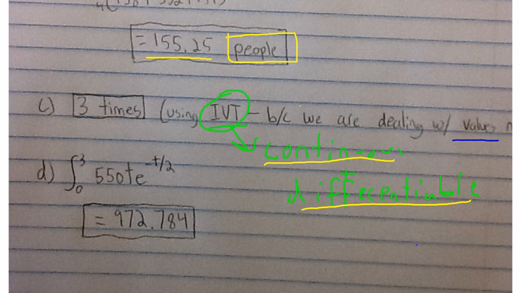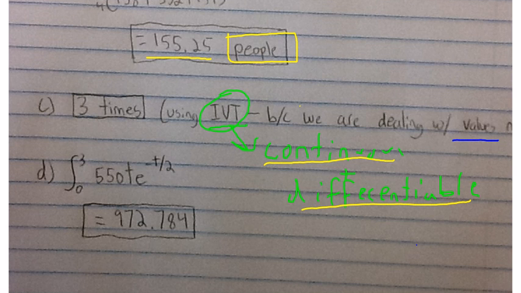Anyway, they give us the rate at which tickets were sold, which is R of t equals 550t e to the negative t over 2. What can we use to find out how many tickets were sold? The antiderivative. And actually, this is a great problem because on the AP that I just took, they ask a lot of conceptual questions, like what does it mean, using units, to take the derivative of something, or the antiderivative.